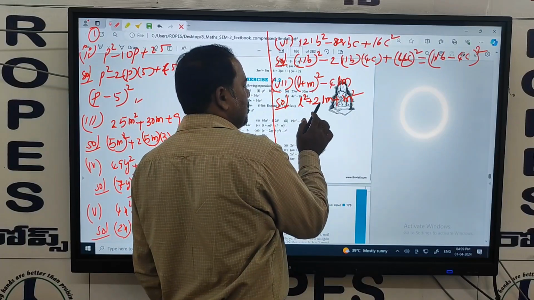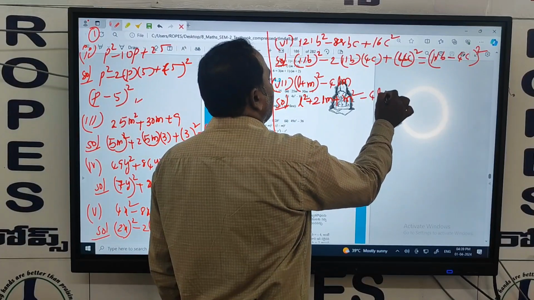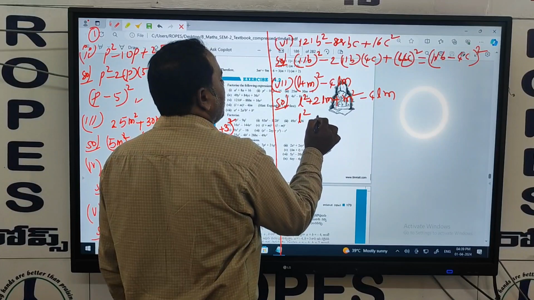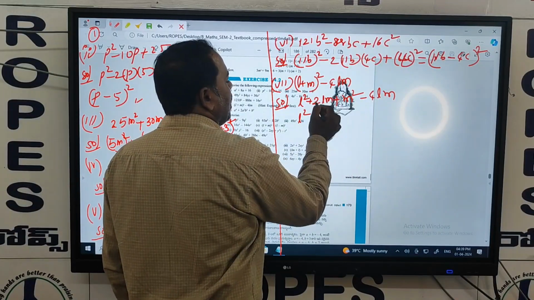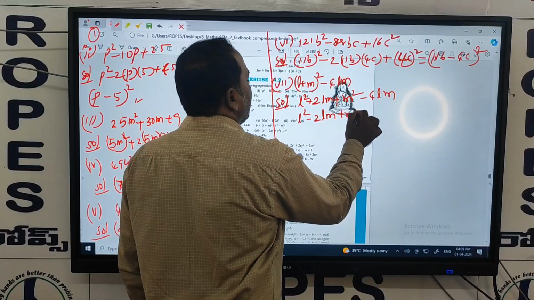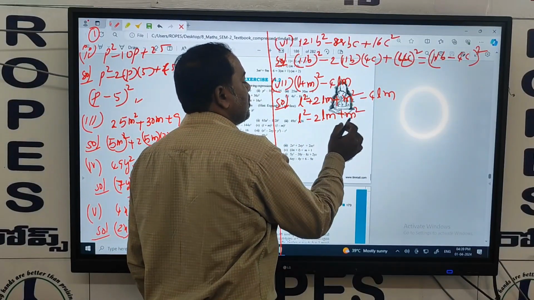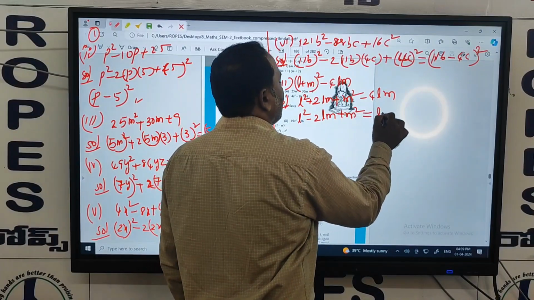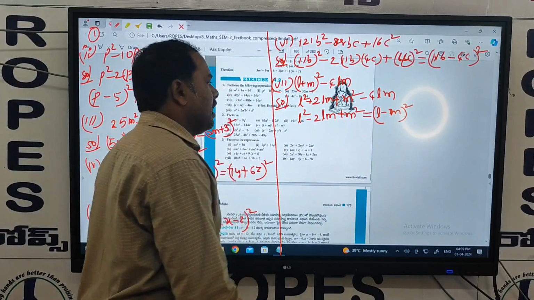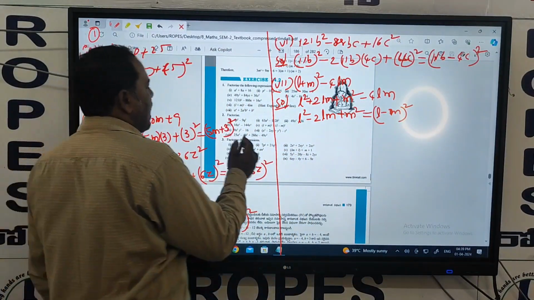So here l square plus 2lm plus m square minus 4lm. See here, l square, minus 4lm plus 2lm is minus 2lm, plus m square. Now it is in the form of a square minus 2ab plus b square. Then (l minus m) whole square. Okay, so these are the factors: (l minus m) and (l minus m) are the factors.